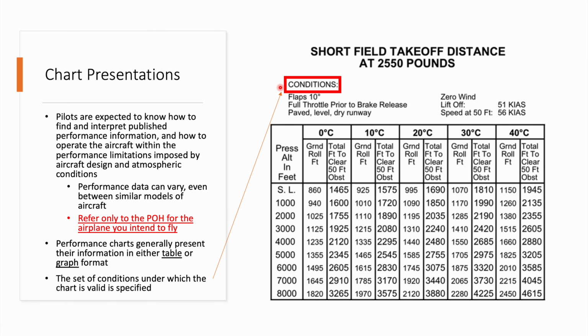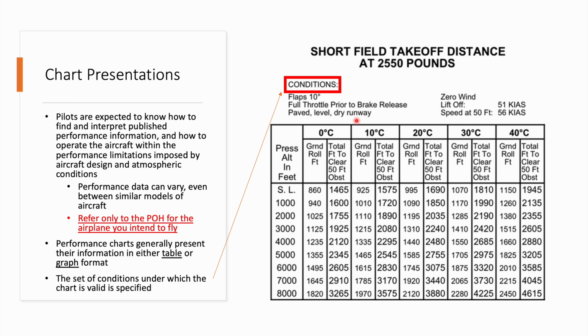Chart presentation. So I mentioned conditions before. So at the top of most of these charts will be a set of conditions in which these performance tables were calculated. So for this example, a short field takeoff at max weight was done with flaps 10 degrees, full throttle, prior to brake release, and it was done on a paved level dry runway.